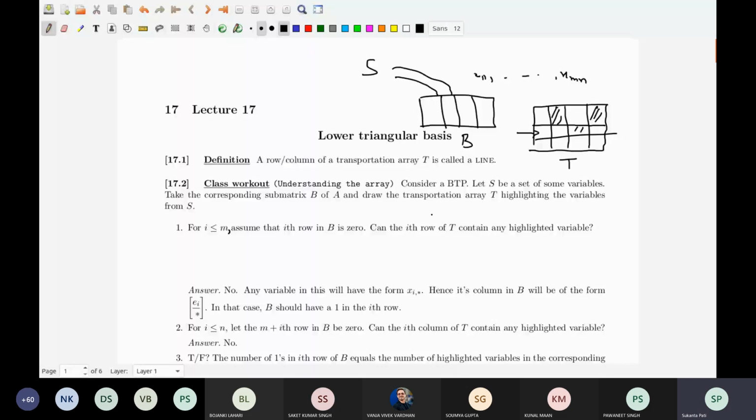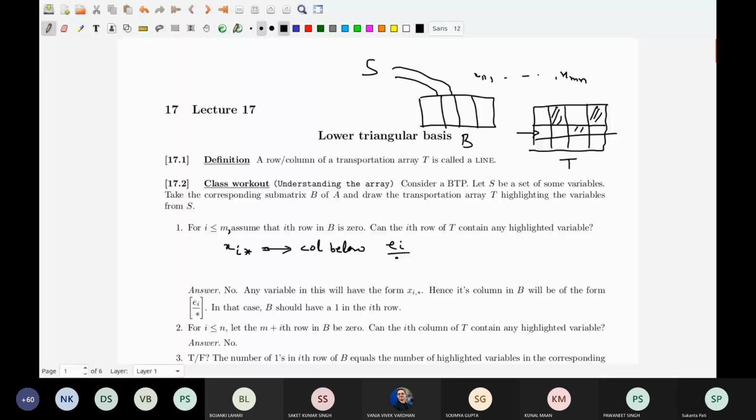In the ith row of T, I can see a variable of the form xi star, that is xi1, xi2 up to xin. And what will be the column below xi star? If it is xij, then it is ei / ej, so I will write a star. That style it will have.